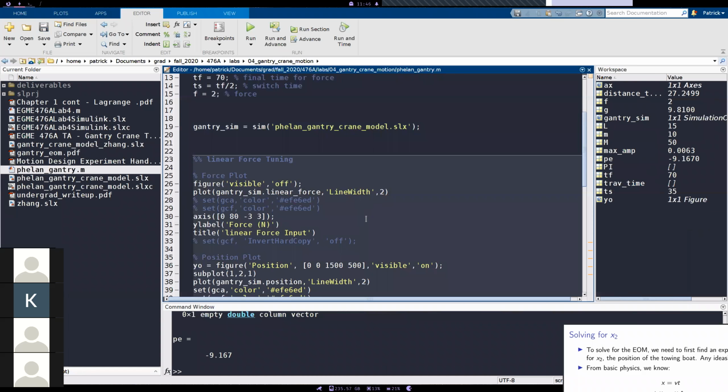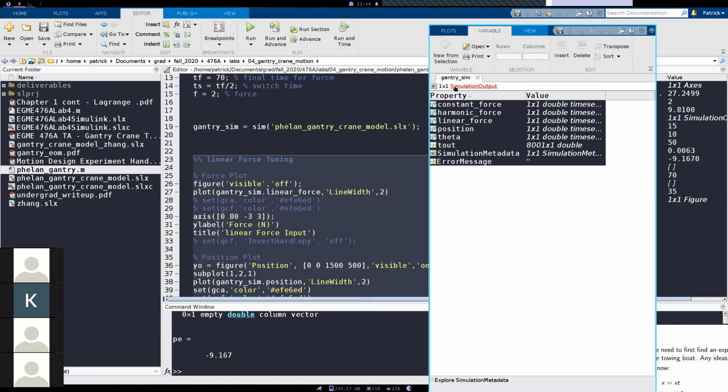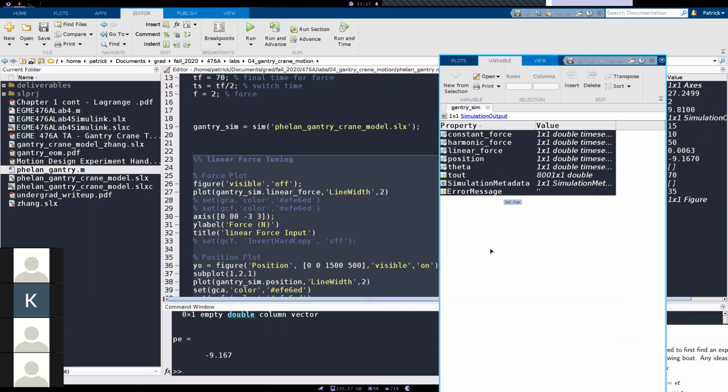It'll make more sense. For the actual plot, from your two workspace blocks, we have this that'll come up. So something like this. And within this variable here, or I guess it's a simulation output, technically, we have all of our two workspace blocks in here.